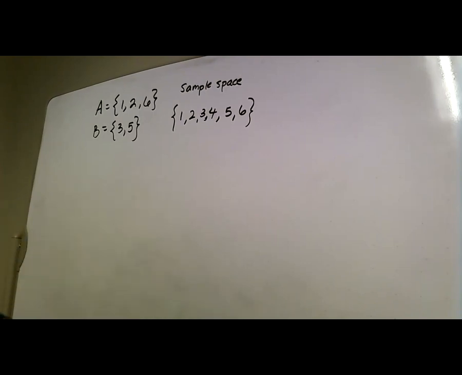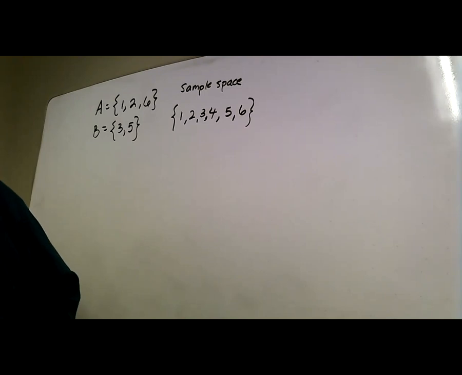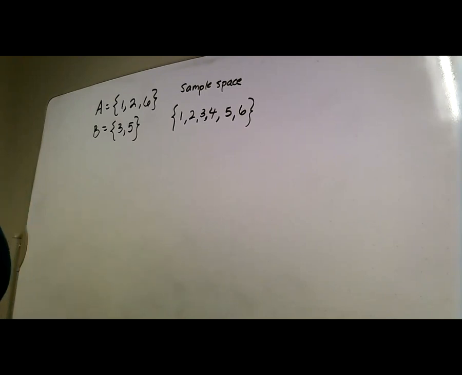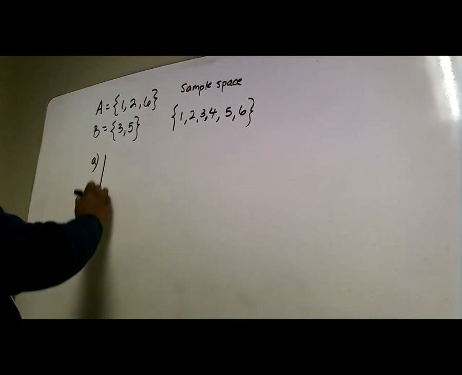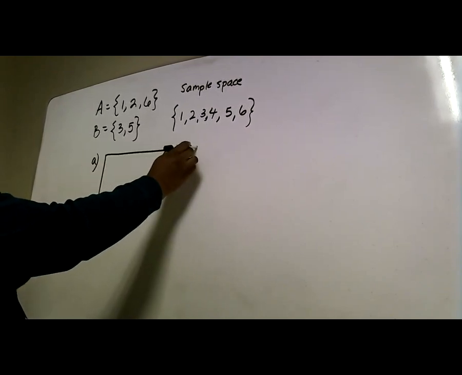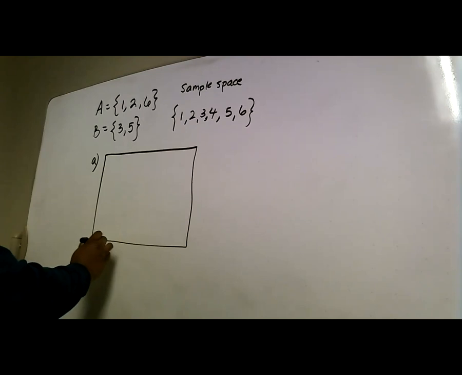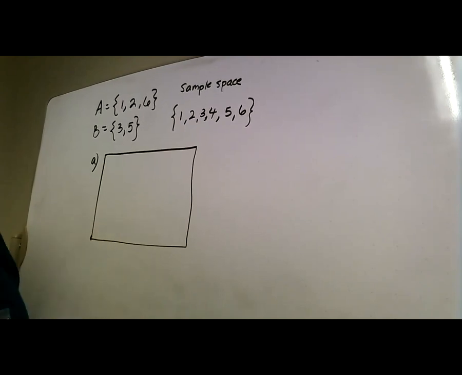So this is what we have here. Now, the Venn diagram, I don't know if you're familiar with a Venn diagram. It looks like this. It has a rectangle, and there are circles that are inside that rectangle. They could be either joining together or not.